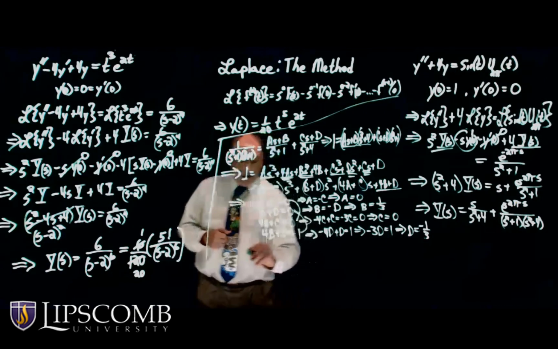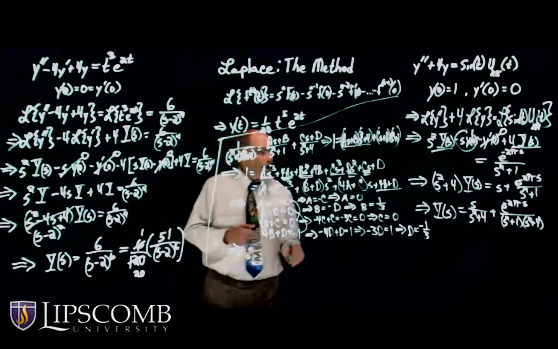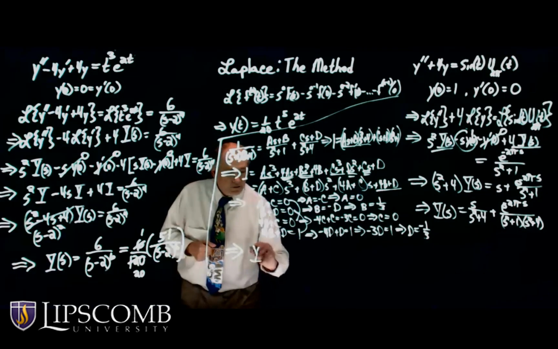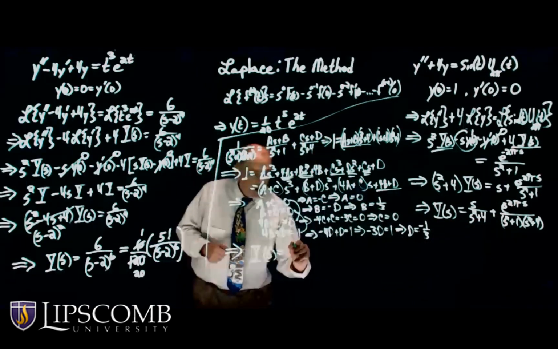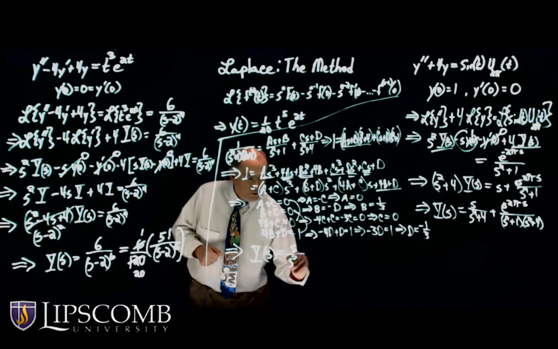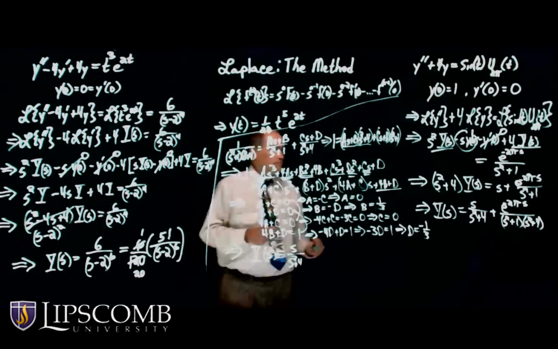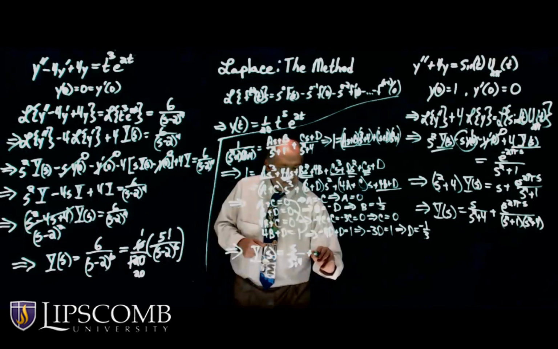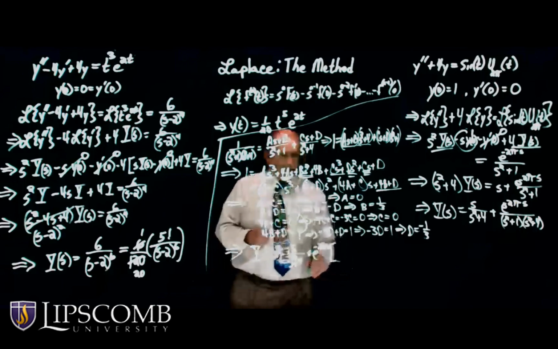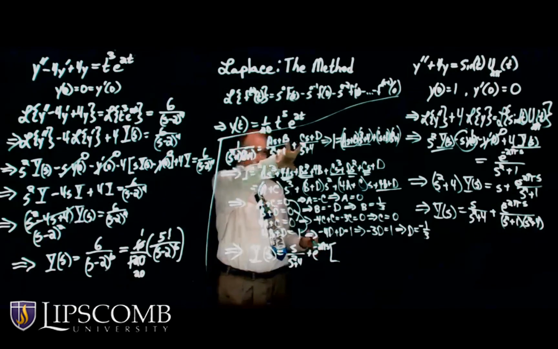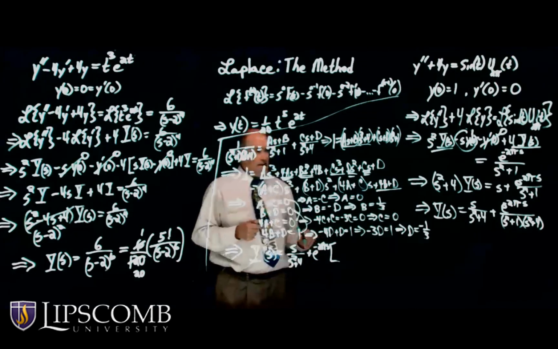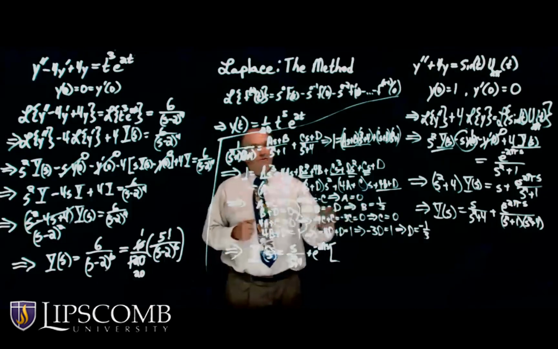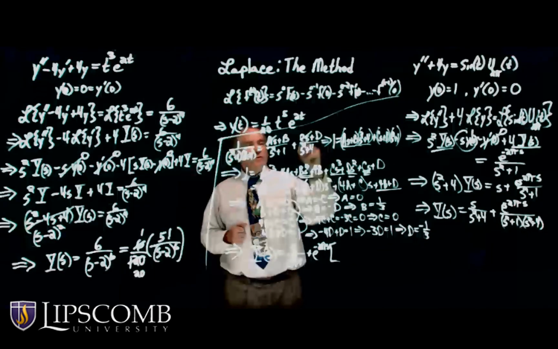So what do I have here? So I have Y of s equals, I'm just going over here, s over s squared plus 4 plus, I'm going to factor out an e to the minus 2 pi s times, now what I'm going to do is plug in right here the A's, the B's, the C, and the D. Well, again, the A and the C were both 0, so those are out of there.